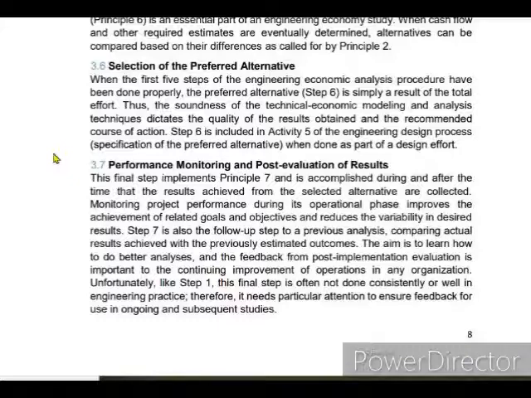Of course, the historical results that our previous steps have produced, we should use in our proceeding steps. Unfortunately, like step one, this final step is often not done consistently.